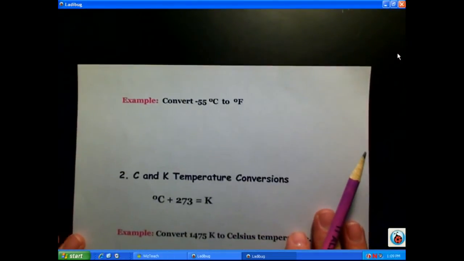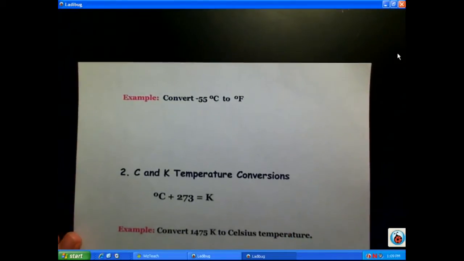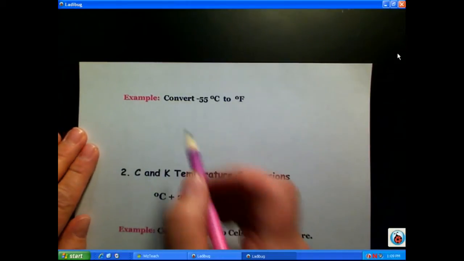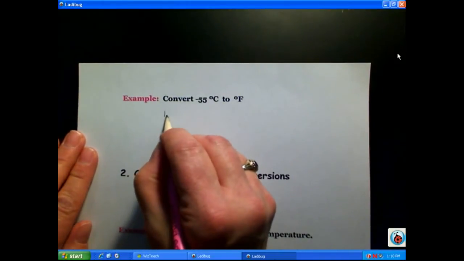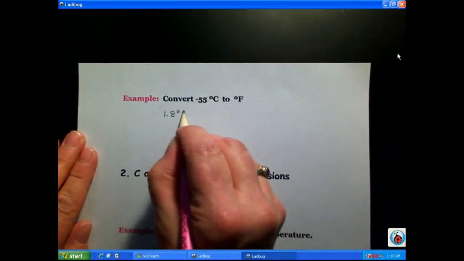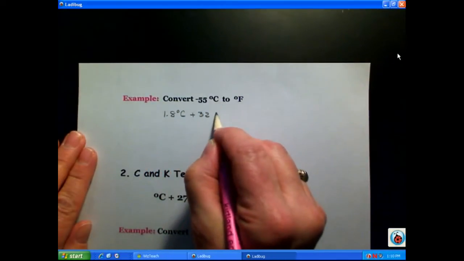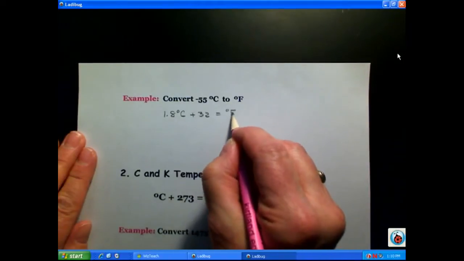If we're going to convert negative 55 degrees Celsius to degrees Fahrenheit, we're going to use that first formula where we're given the degrees Celsius. So 1.8 times degrees Celsius plus 32 is equal to degrees Fahrenheit.